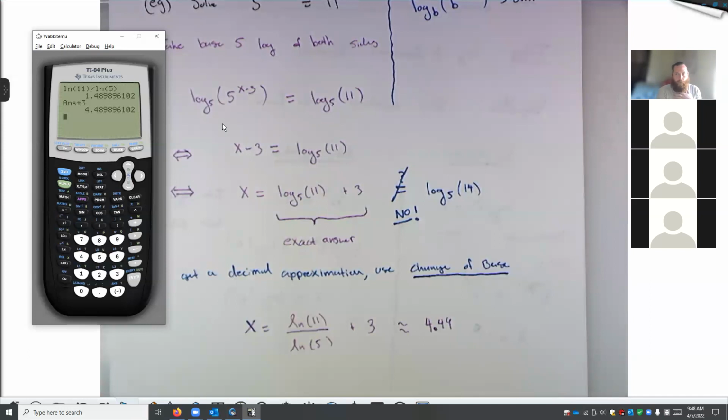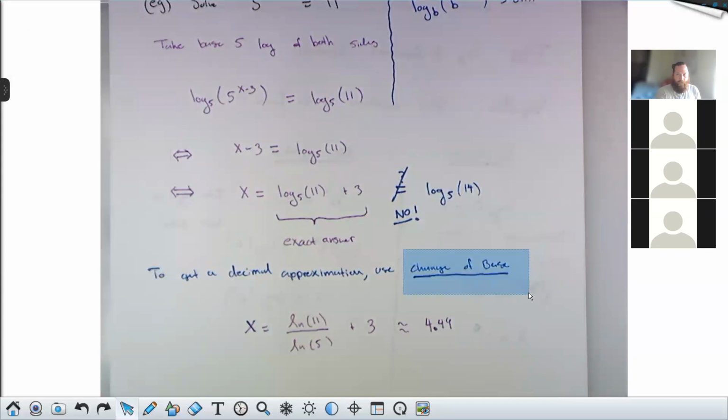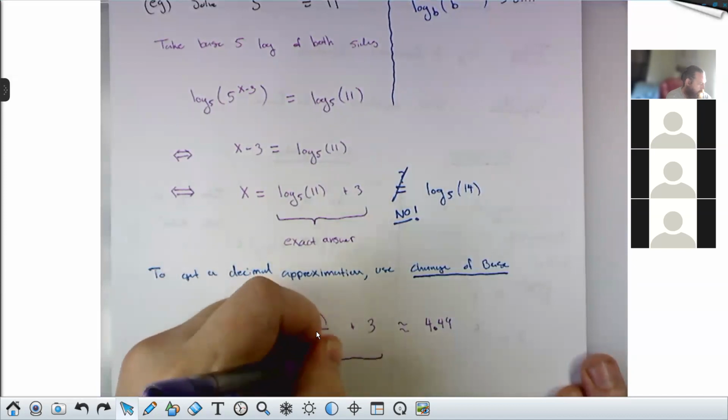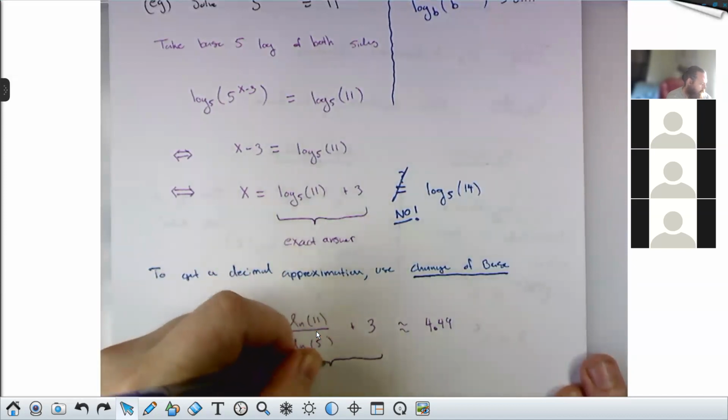Now, I don't know about you. I don't like having to memorize lots of formulas. The change of base formula is useful for sure, especially when it comes to calculator stuff, but wouldn't it be nice if I could get this answer right away? So this is also an exact answer, right? It's just a different form of the exact answer.